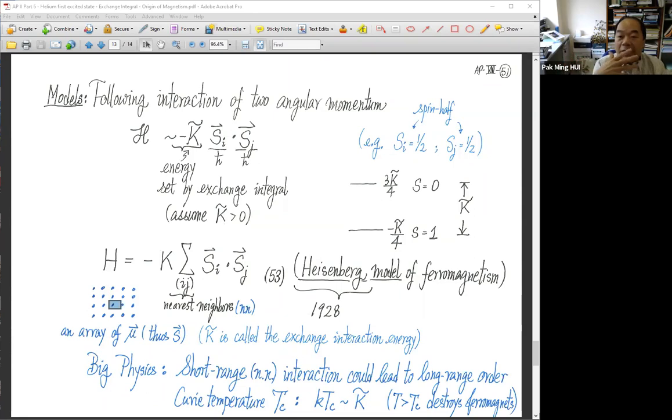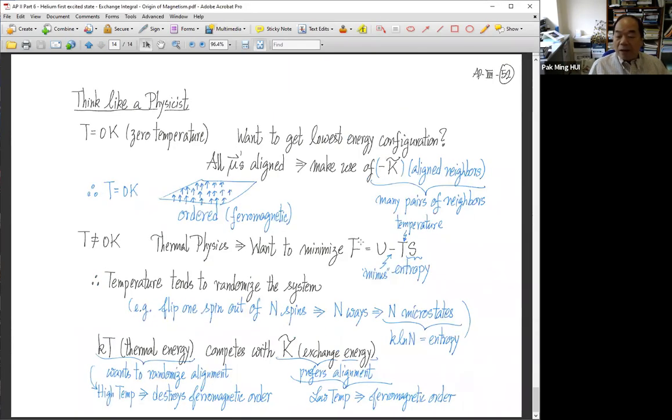Okay? In statistical mechanics, in the topic of phase transitions, you will have the chance to see more of this. But this is the beginning of a big, big subject. Just a page to bring out the physics of magnetism or magnetic phase transitions.